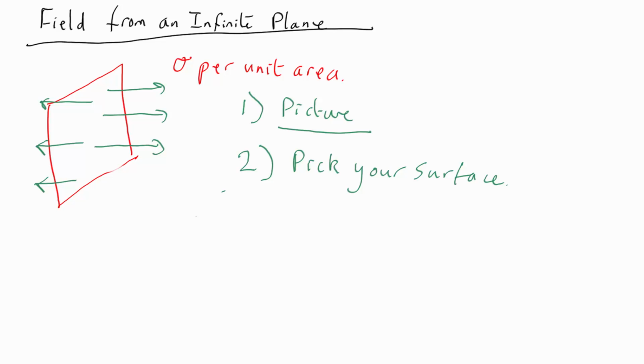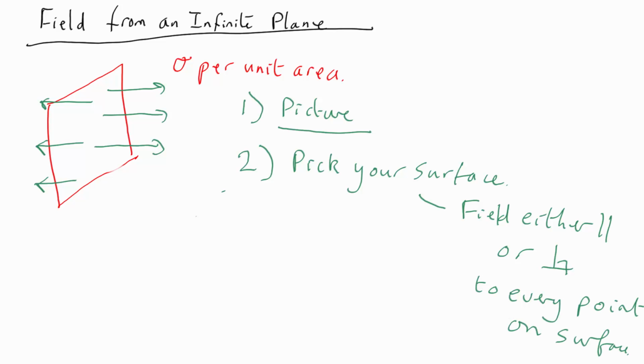The basic rule is you should pick a surface so that the field is either parallel or perpendicular to every point on the surface. Why do we do that? It's to make the maths easier. Now in this case, a parallel surface would be running straight outwards and a perpendicular one would be flat.